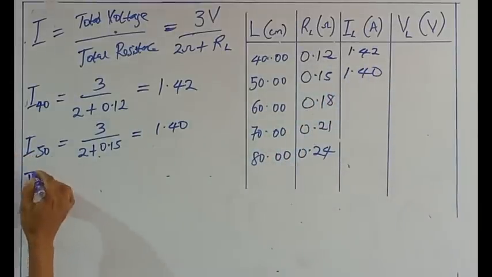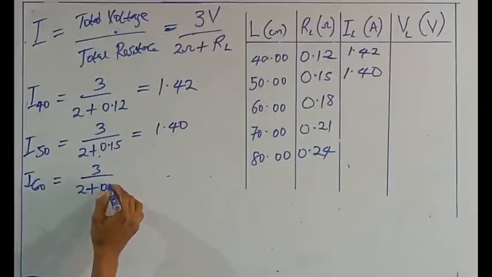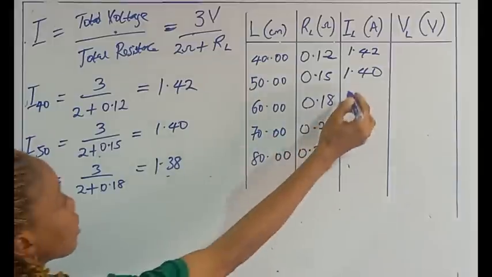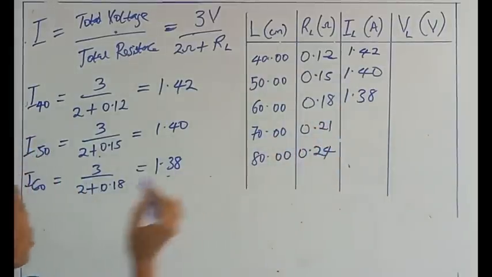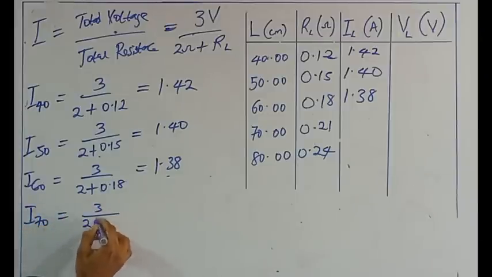We'll repeat for R60: 3 over 2 plus, remember we have here 0.18. That will give us 1.38. We'll do for R70: 2 plus 0.21.